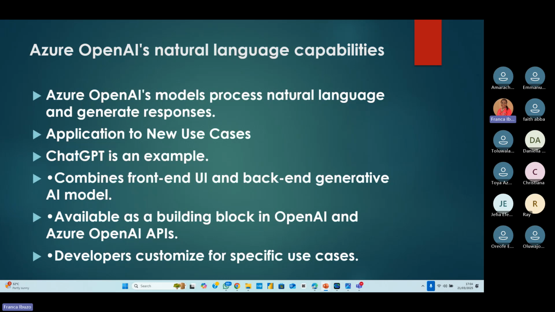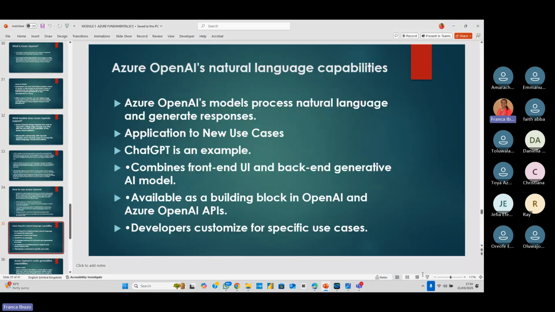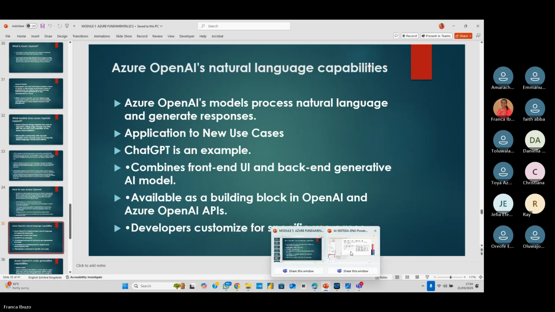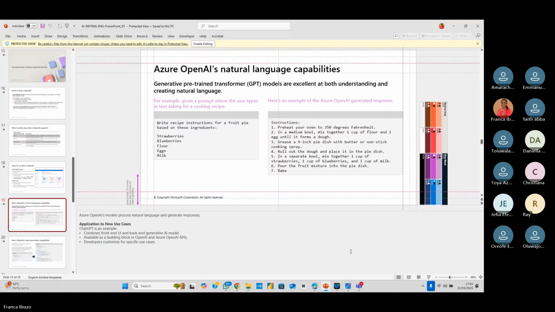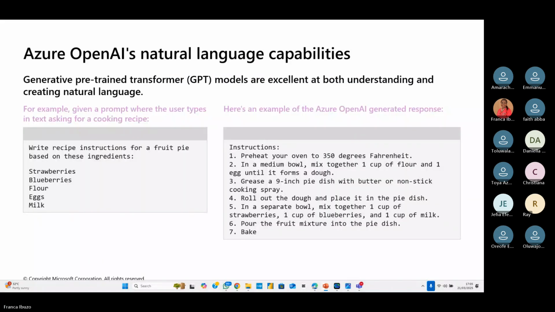Let's look at the Azure OpenAI natural language capabilities. Azure OpenAI's generative pretrained transformer, or GPT, models are excellent at both understanding and creating natural language.